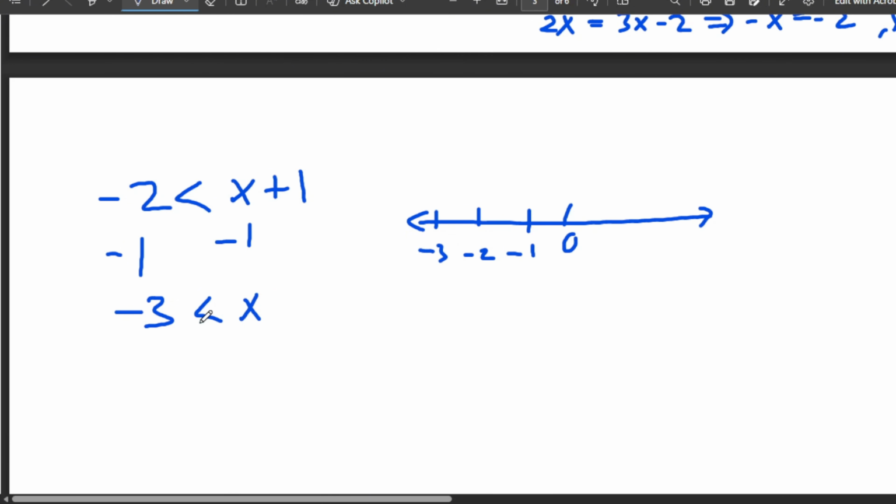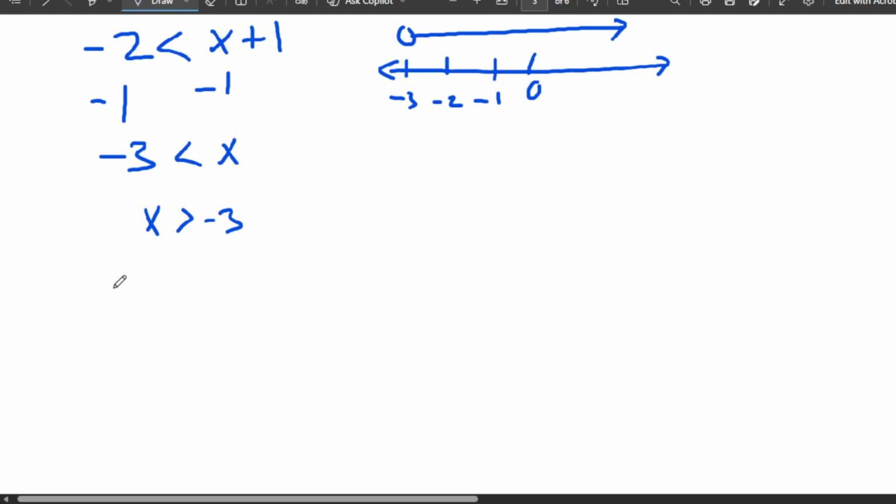So x must be greater than negative 3, right? We have an open circle at negative 3 and then to positive infinity. x must be greater than negative 3.